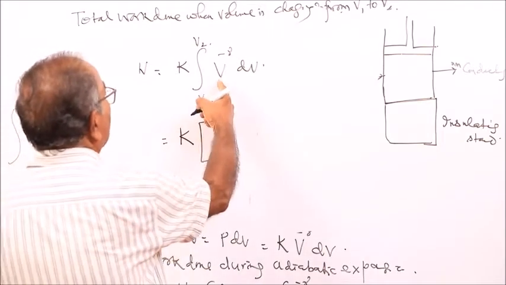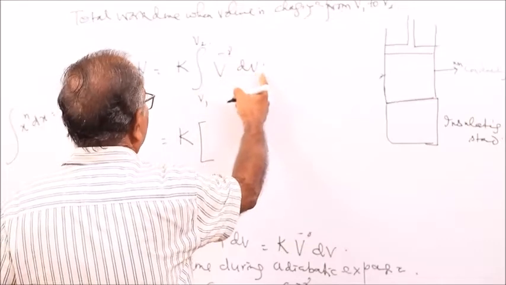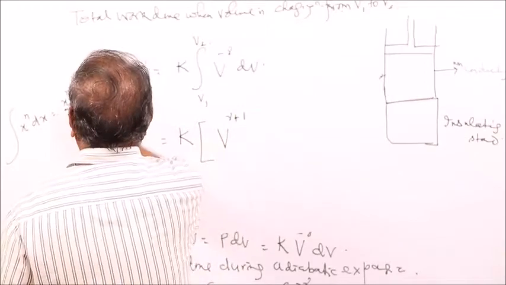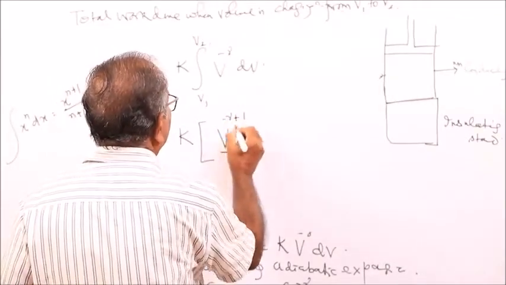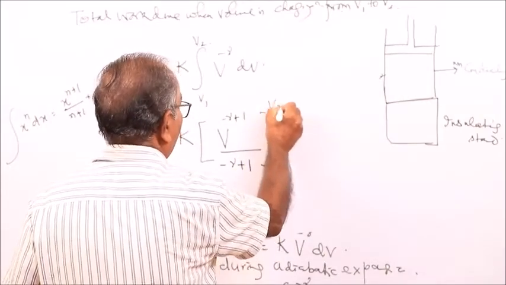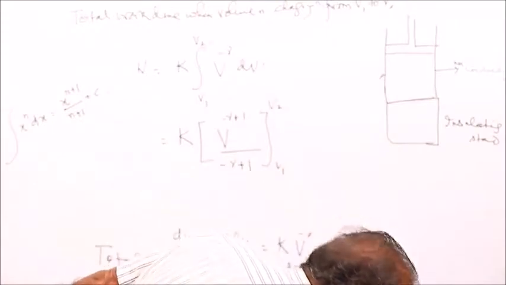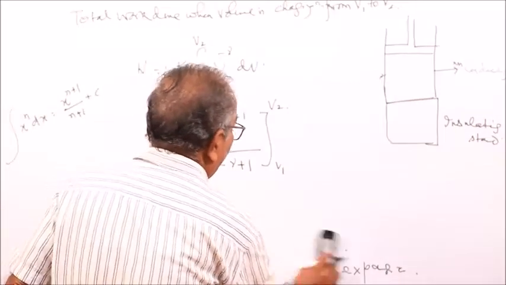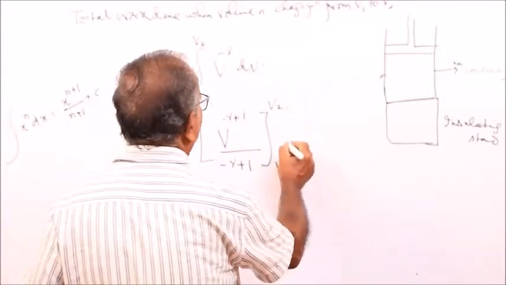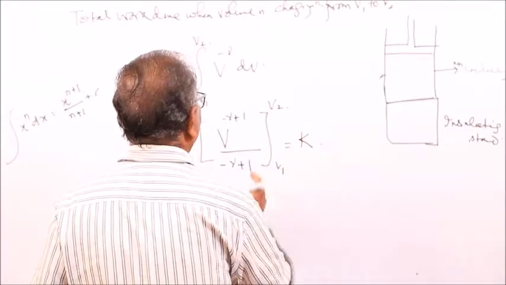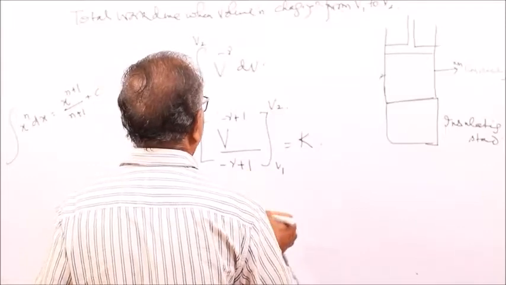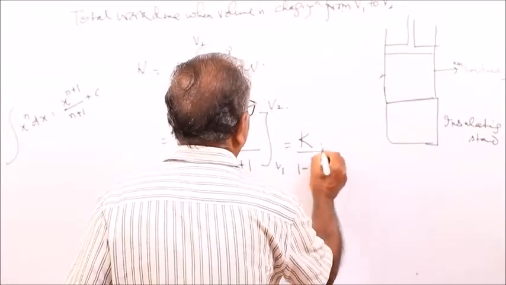Now this is equal to the integral of V to the power minus gamma dV, which is V to the power minus gamma plus 1 divided by minus gamma plus 1, with limits V1 to V2. So that is equal to K, first you put V equal to V2, then minus V equal to V1. So 1 minus gamma is taken out.